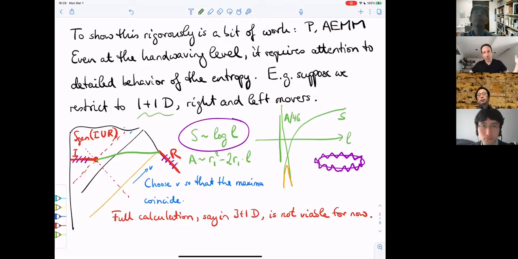And in that case, you expect the entropy of this interval to just be given by the entropy of, let's say, a conformal field theory restricted to an interval of length L. And that's the answer. Okay, well, it's this in units of some cutoff. And well, it depends on how many fields I have.